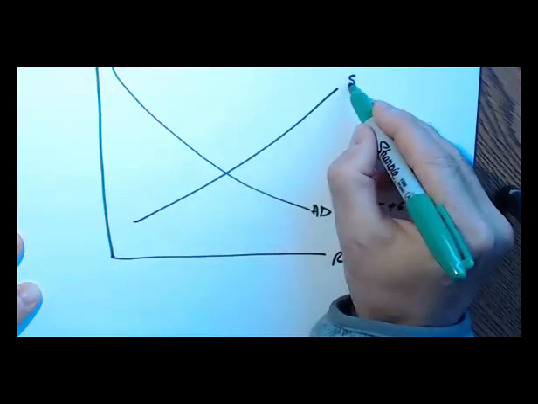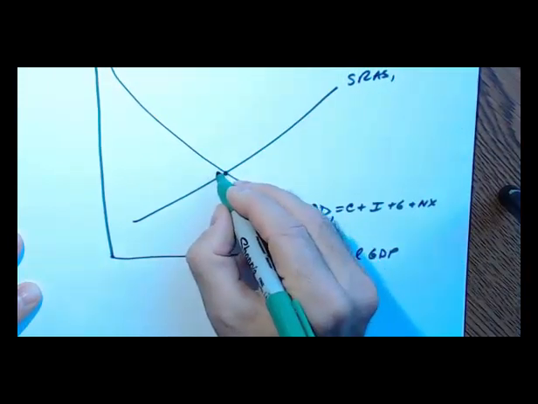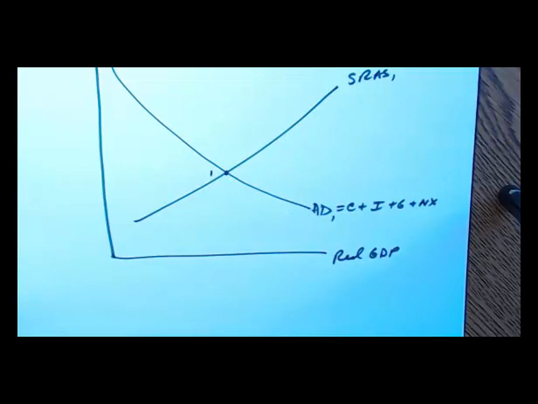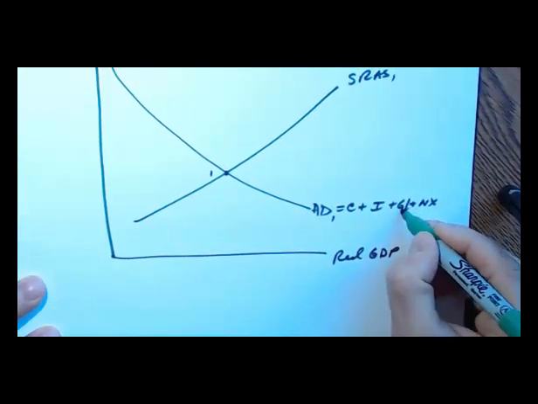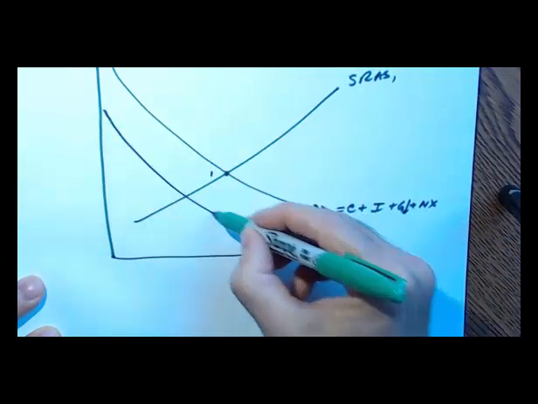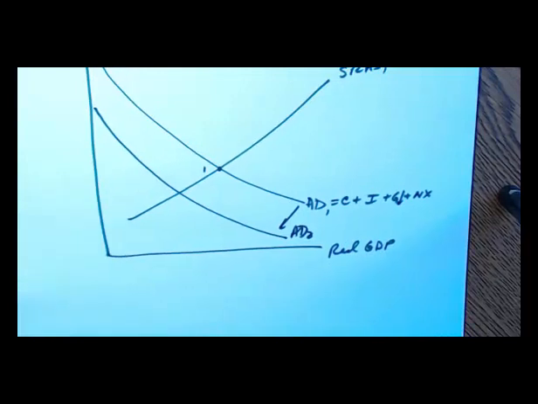And here we have a short run aggregate supply curve. Call it 1 and 1. We're at point 1 where we're starting. And now the government decides to cut G. G comes down, we have a drop in aggregate demand to aggregate demand 2.